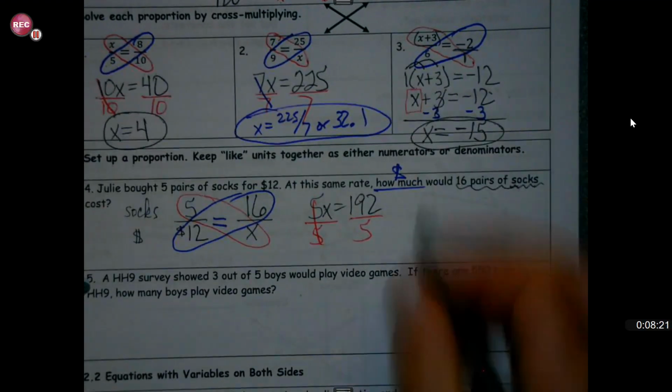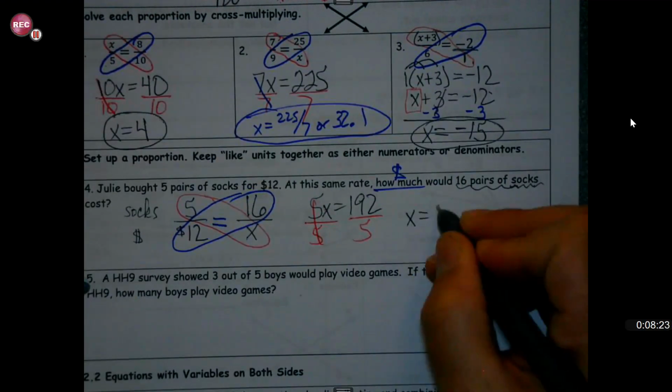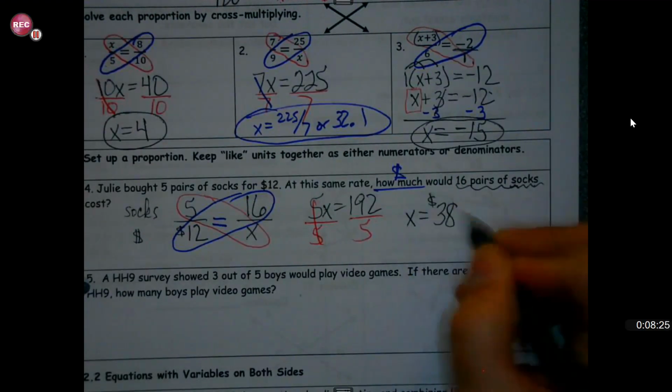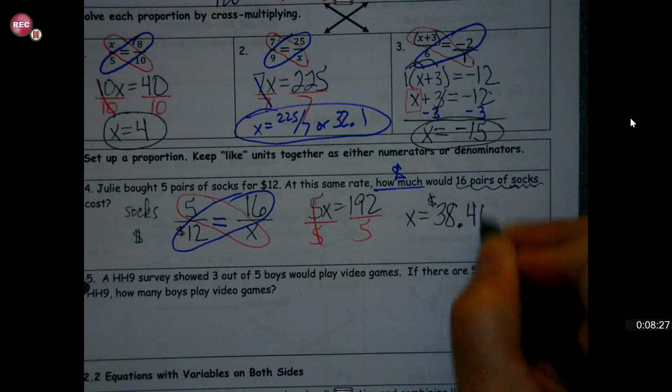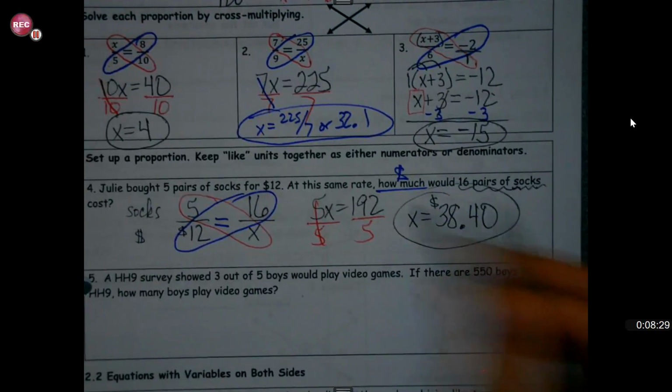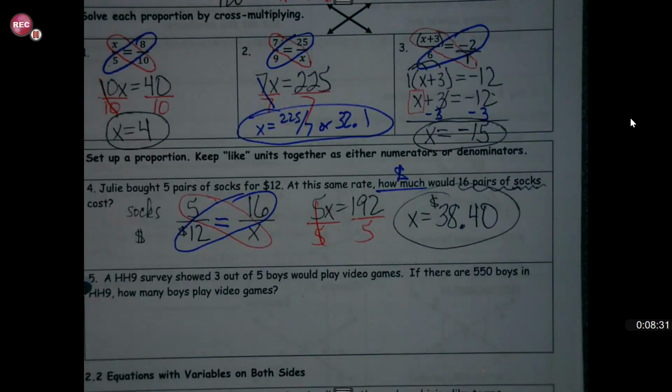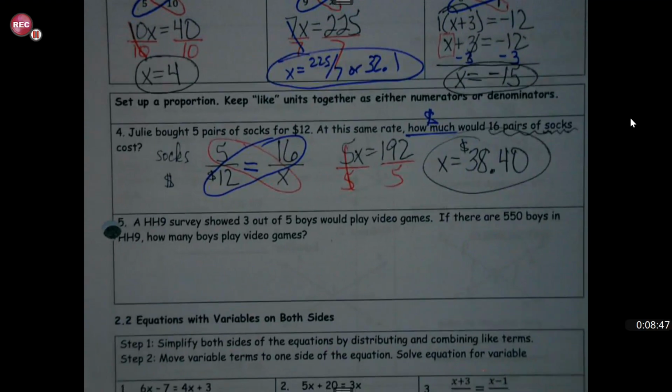So 38.4 normally would be an okay answer, but we're talking about money. We don't go around and say, I have $38.4. No. I got $38.40. And that would be my answer. So we want to make sure we got labels as we go as well with these.